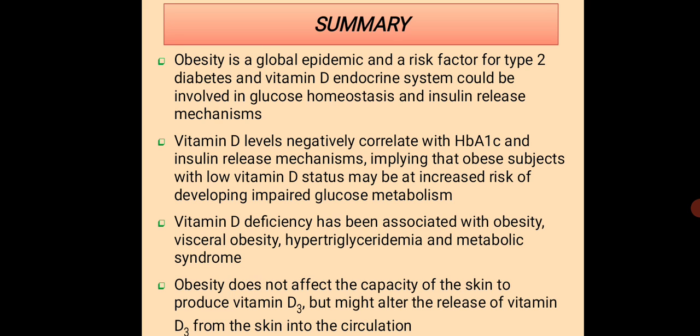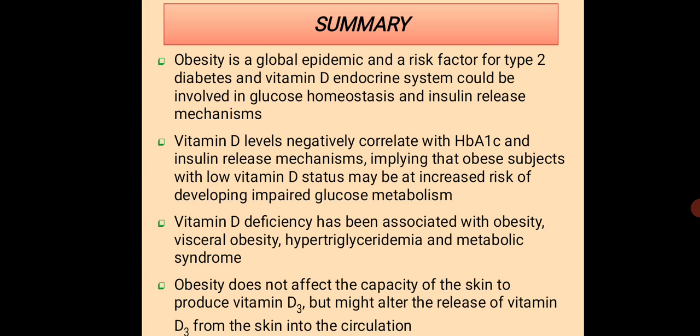Here is the summary: obesity is a global epidemic and a risk factor for type 2 diabetes, and the vitamin D endocrine system could be involved in glucose homeostasis and insulin release mechanisms. Vitamin D levels negatively correlate with HbA1c and insulin release mechanisms, implying that obese subjects with low vitamin D status may be at increased risk of developing impaired glucose metabolism.